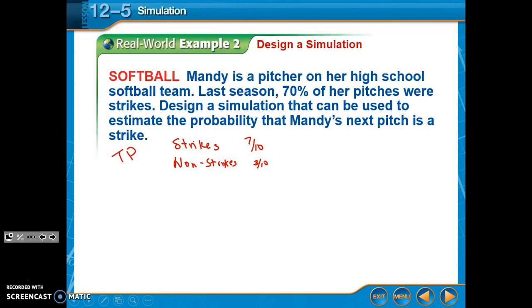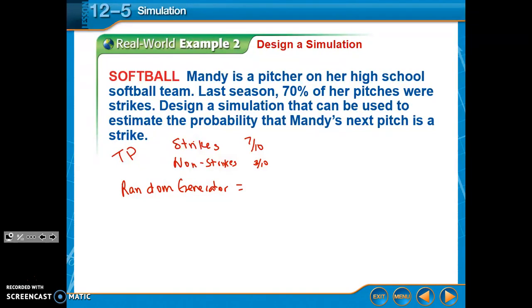So what we can do is, most calculators have a random number generator. In class, if you want to see where your calculator has a random generator, I can show you, hopefully. Hopefully you don't have a super random, weird calculator.